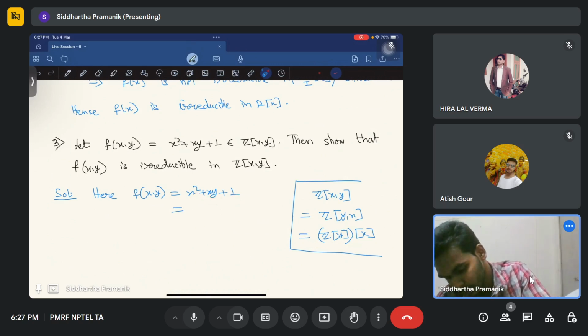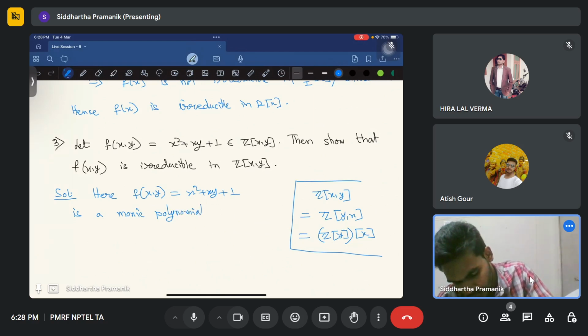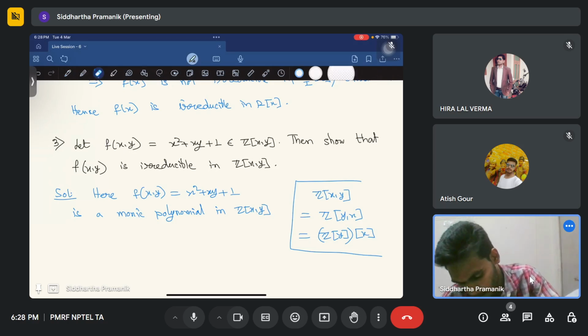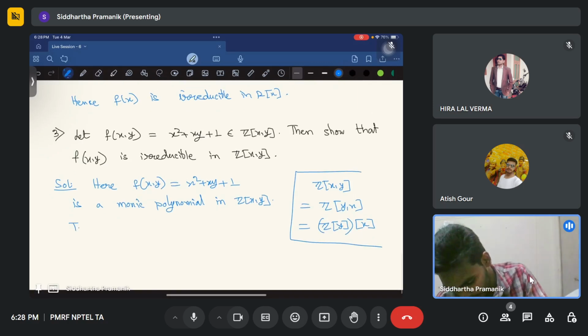So this is a monic polynomial in Z[x, y], and clearly it is non-constant. Okay, so take the ideal I generated by y.